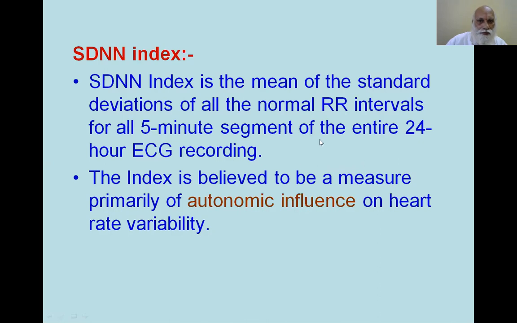Here you simply take, from the large recording, several 5-minute segments, take the normal RR intervals for each of these segments, get the standard deviation and take the mean. Simply straightforward. This is a reflection of the autonomic influence, which means sympathetic as well as parasympathetic.